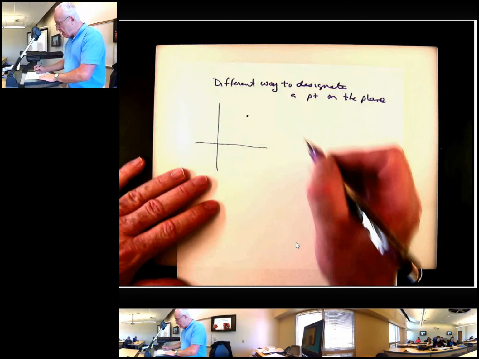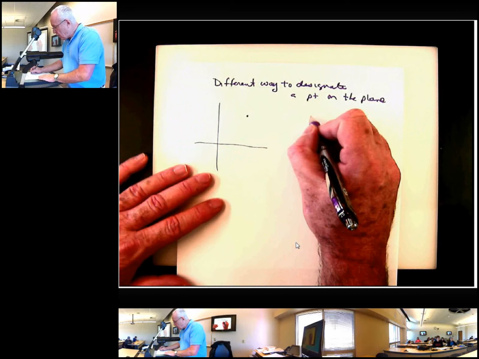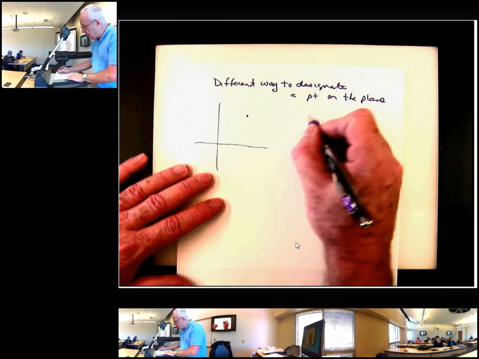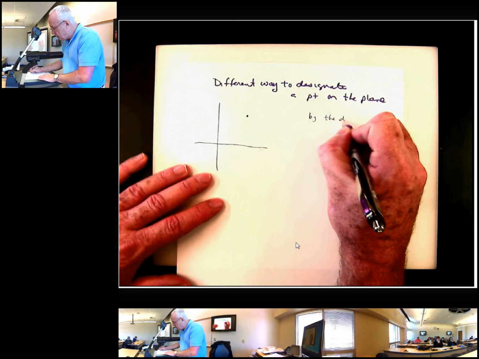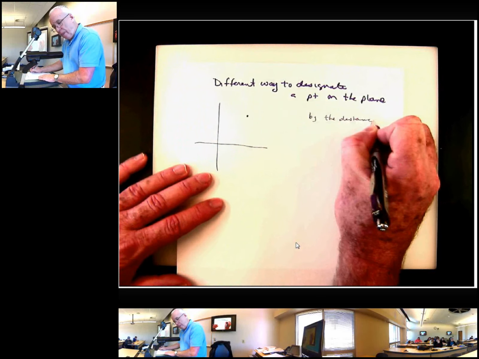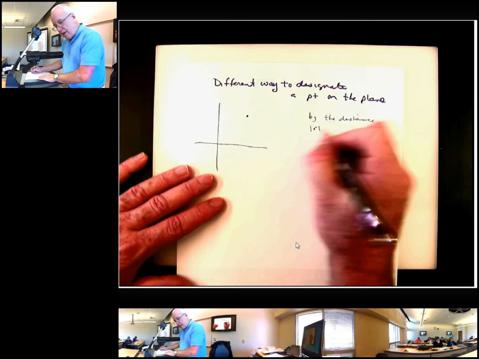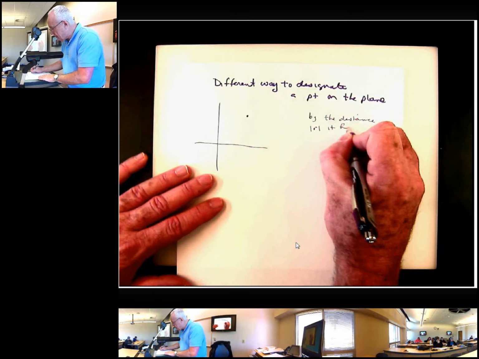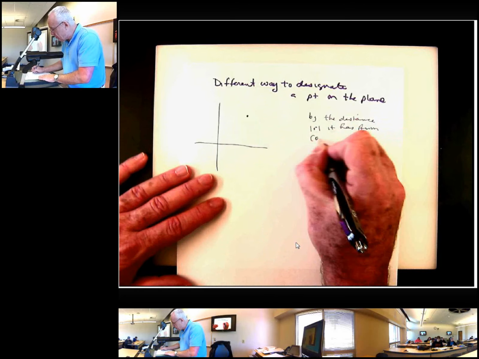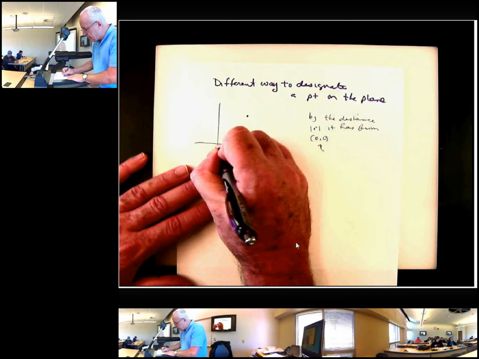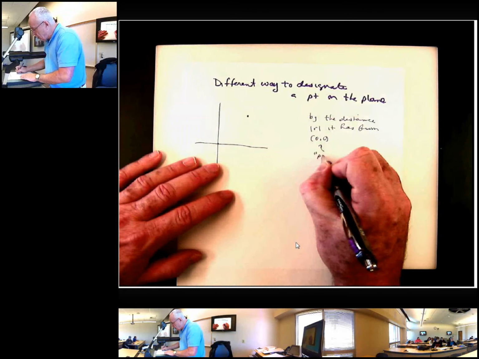Now, in Cartesian coordinates, we just measure the distance from the axes, and that tells us what the coordinates are. Here we have two ways of doing it. First of all, it's designated by the distance, absolute value of r, it has from 0, 0. There's a special name for that 0, 0, and it's called the pole.